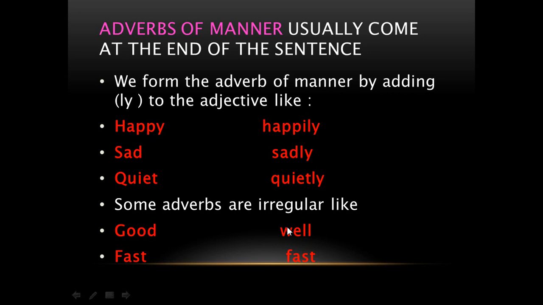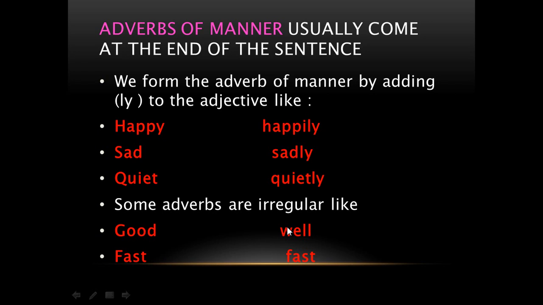If it's in a sentence, how will you know that it's an adjective or an adverb? I will give you two examples. I will say, he is a fast boy. Fast here, adjective or adverb? If it's an adjective, it will describe the noun. If it's an adverb, it will describe the verb. When I say he is a fast boy, fast here describes the boy, and boy is a noun, so it's an adjective.